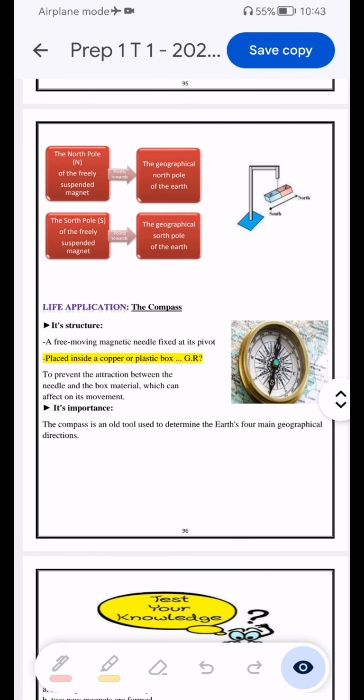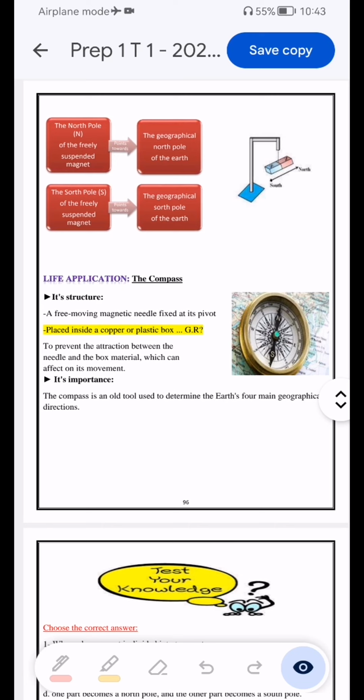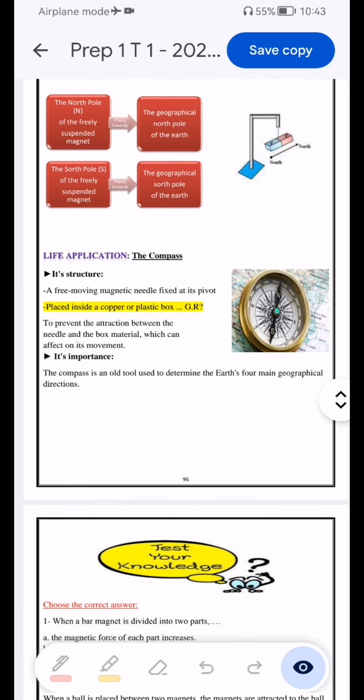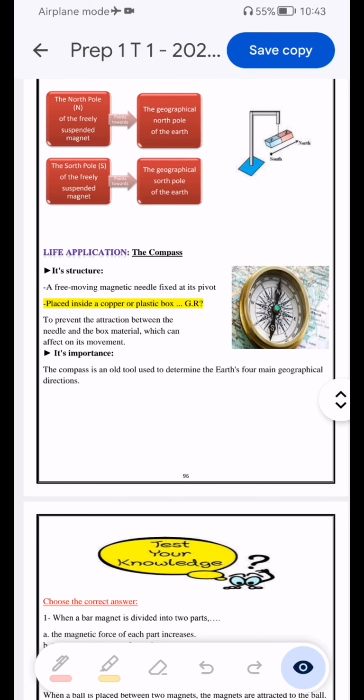A life application on the use of a magnet to determine direction is this tool, the compass. Okay? The compass is a tool used in the past to determine the four directions of the Earth: north, south, east, and west. Okay?